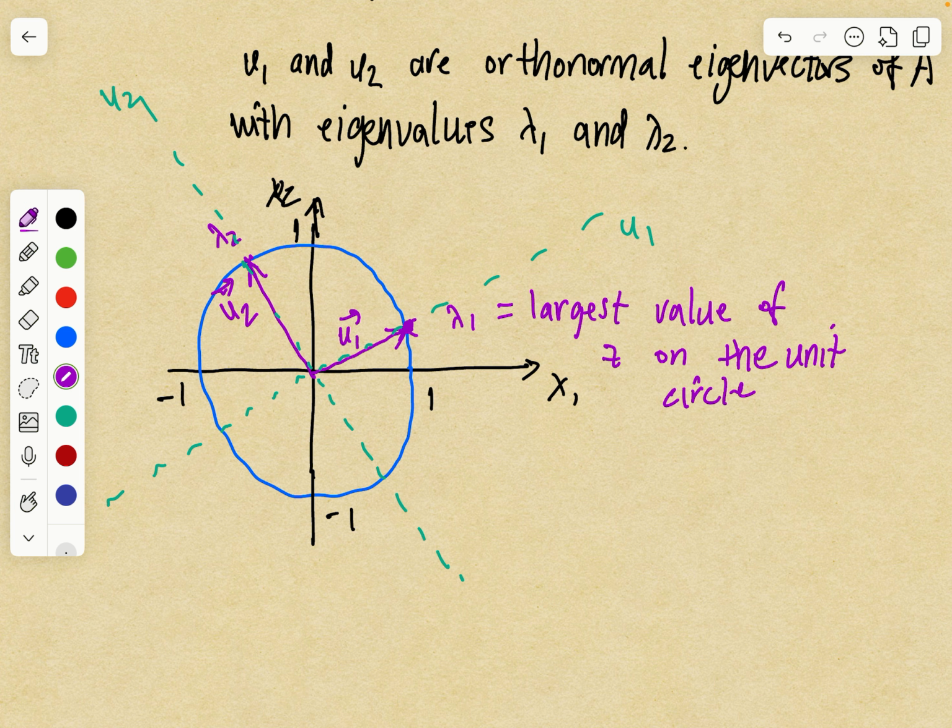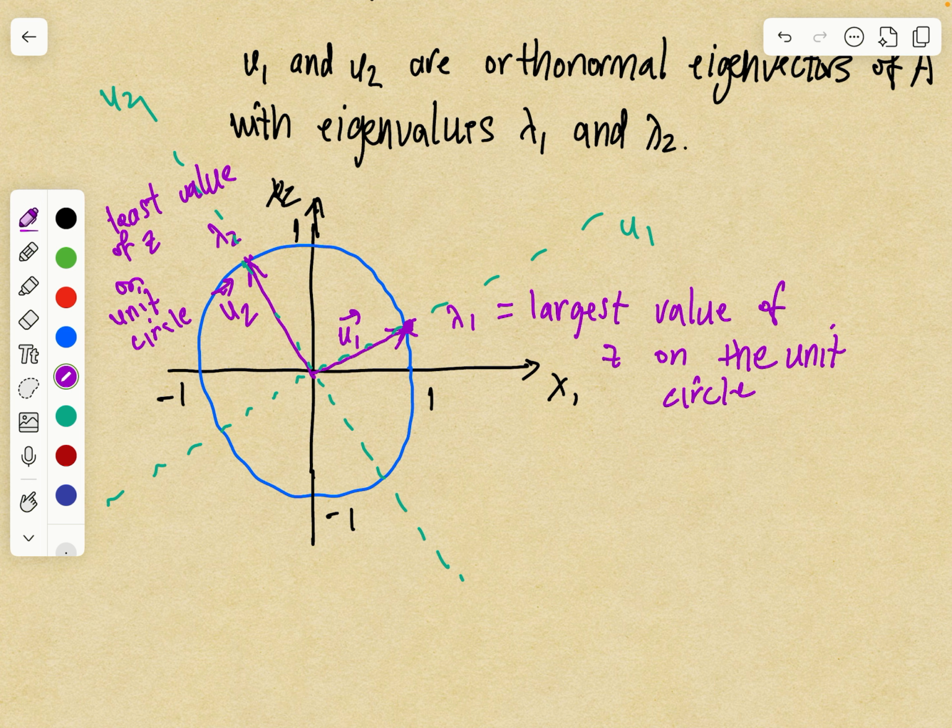And then lambda 2 is the least value of z on the unit circle. And that's one way to interpret the eigenvalues and eigenvectors of this 2x2 symmetric matrix, A.